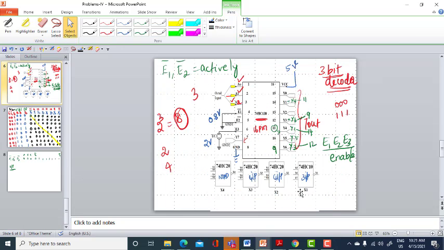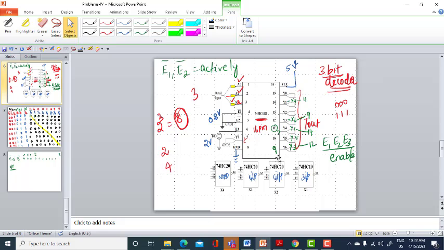Pin 16 is VCC of your decoder IC and 8 is ground. So Y0, Y1, Y2, Y3, Y4, Y5, Y6 and Y7. Y7 is grounded here, we don't bother about it.